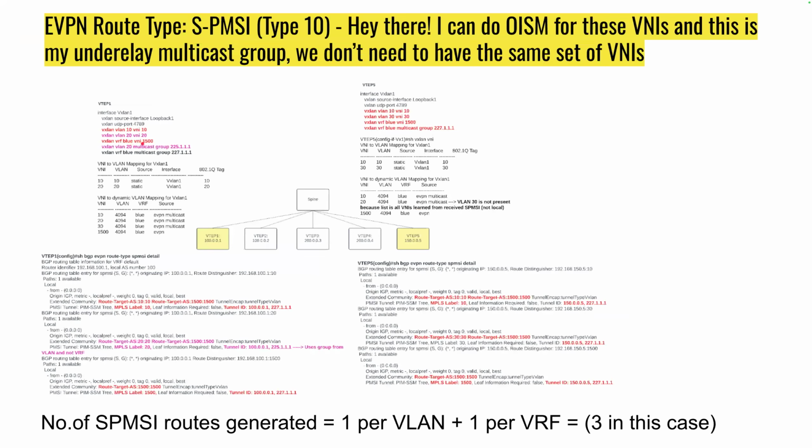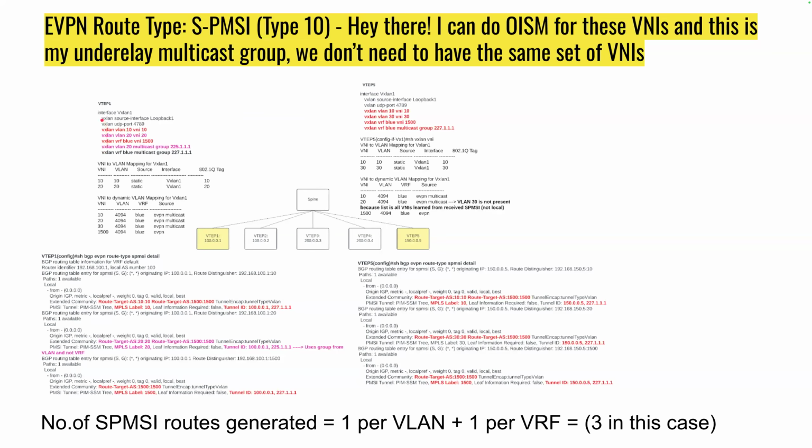VRF blue is mapped to VNI 1500. Now, like we discussed, we have a per-VRF multicast group, which is 227.111. And for VLAN 20 alone, we have 225.111. Right. Is the existing configuration on VTEP 1 clear?